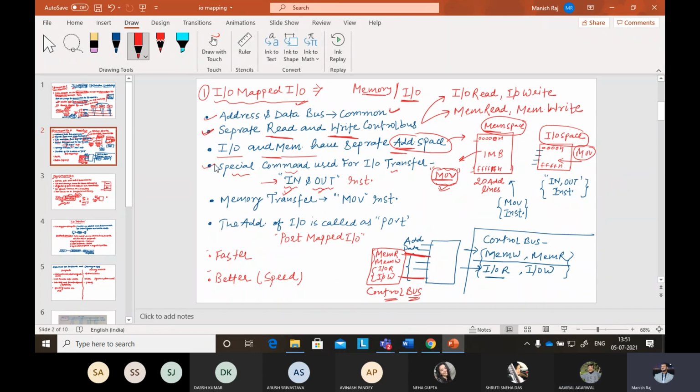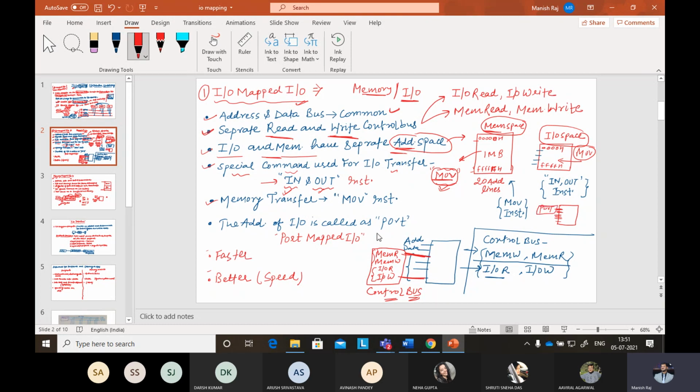The last part, in the points. So this point is covered, this point is covered. Memory transfer is by the move instruction in the memory part. So the address of the IO is called the port. Here you are not saying addresses, here we say port 1, port 2, port 3.